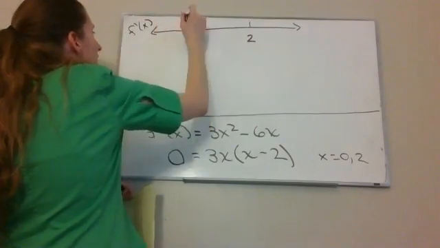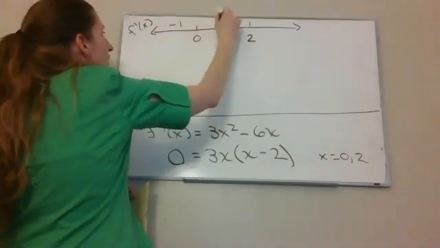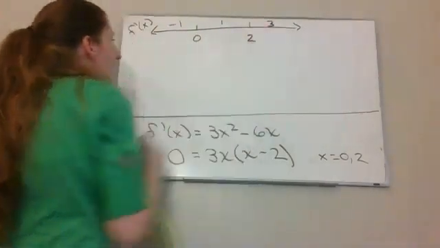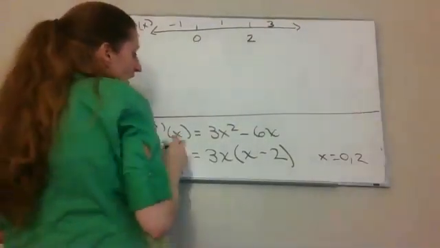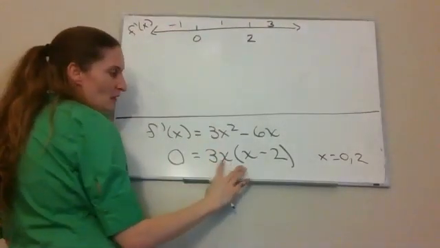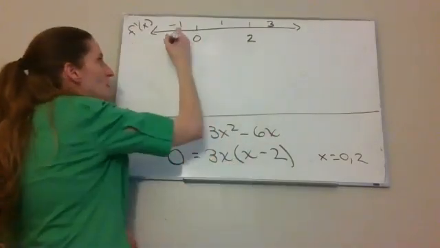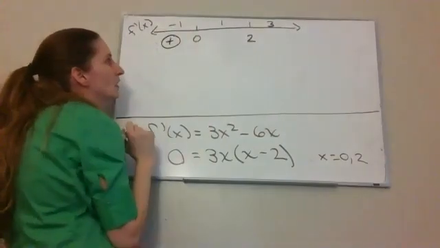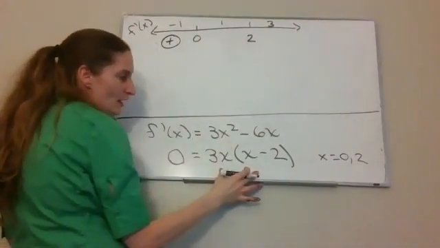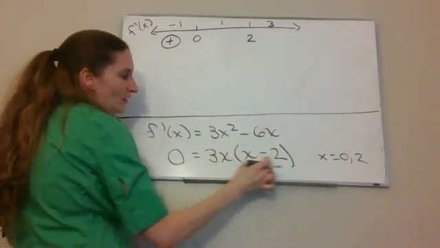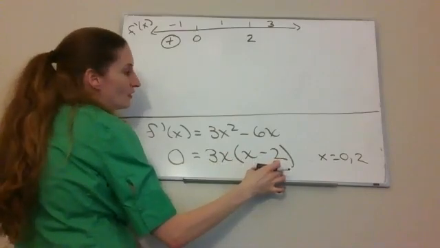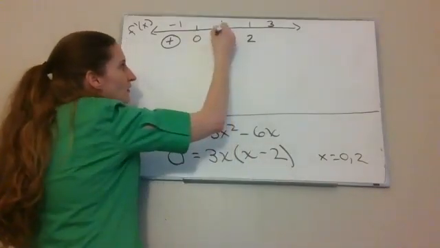Here's 0, here's 2. This is my first derivative. And I'm going to check some values. I'll check -1, 1, and 3. If I plug -1 into this factored derivative, I get a negative times a negative, which is positive. If I plug +1 in, I get positive times negative, which is negative.